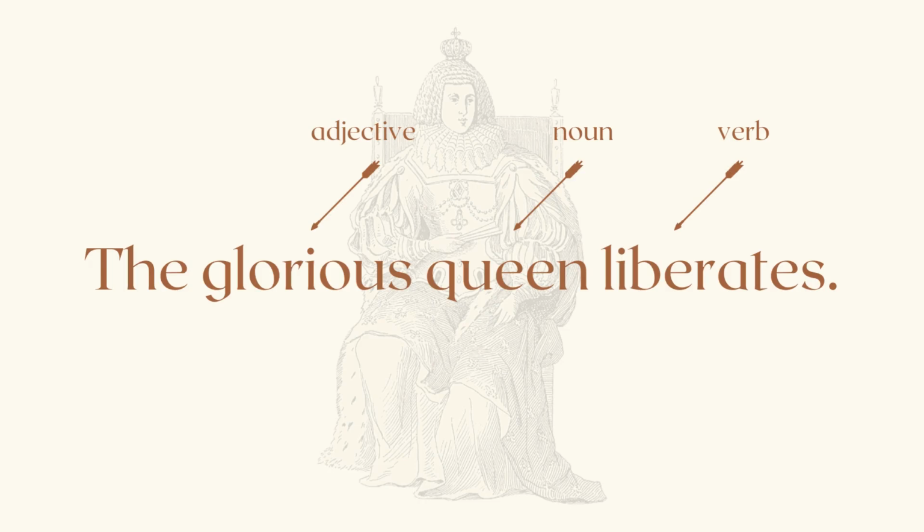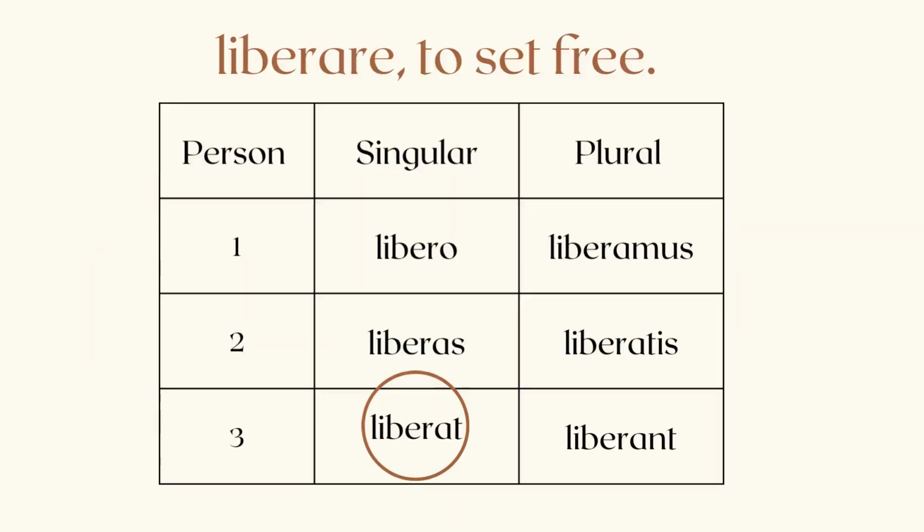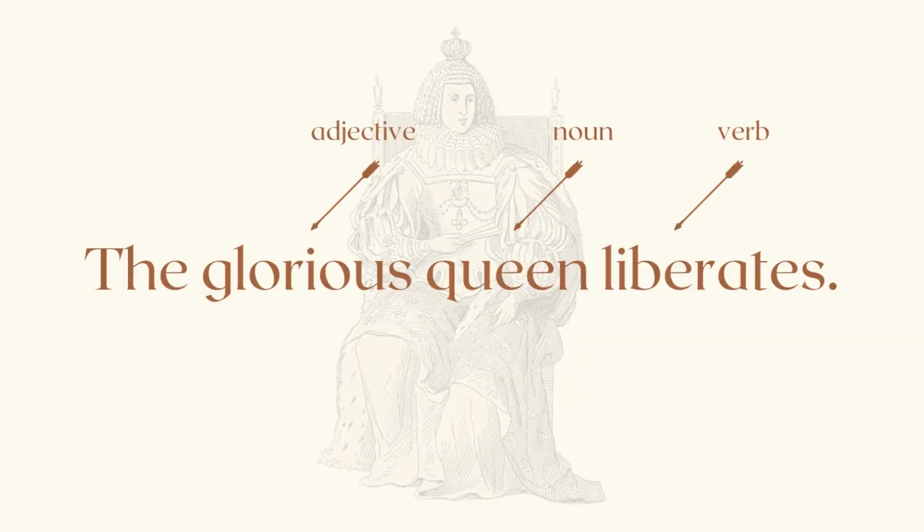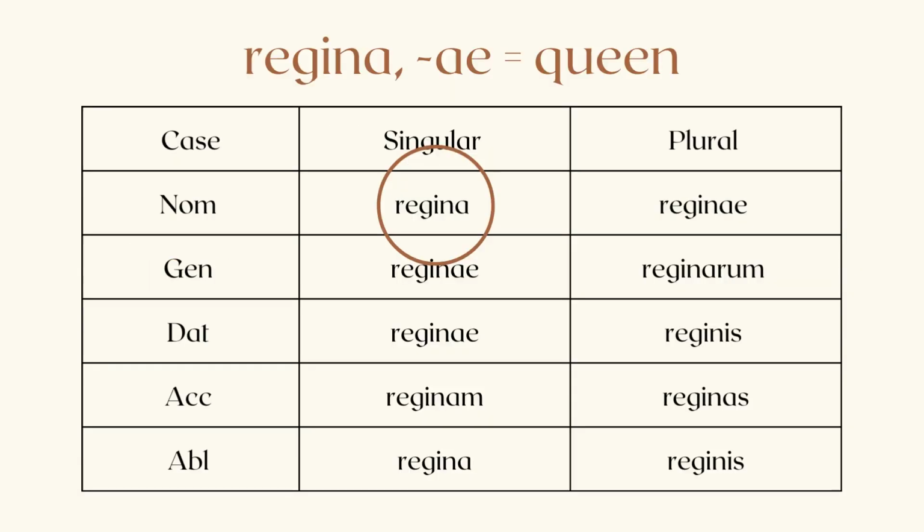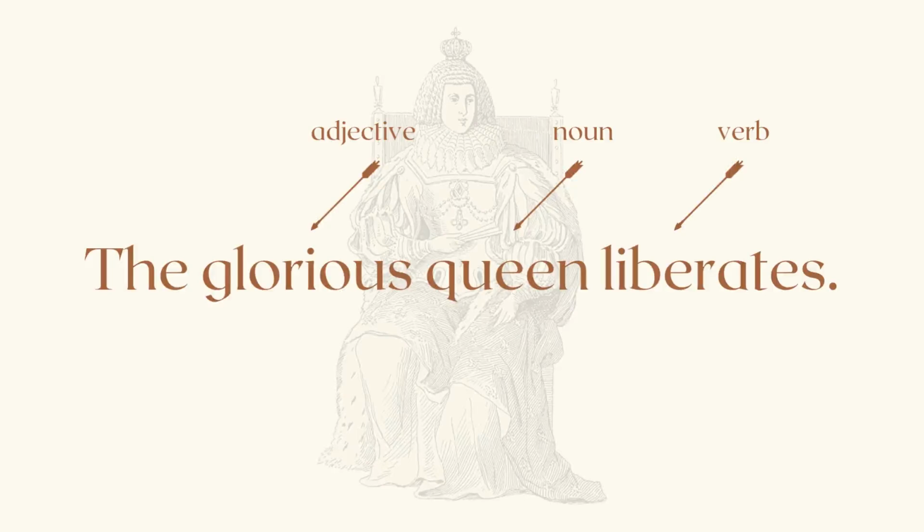Start with an English sentence. The glorious Queen liberates. Our verb is the third person singular form of liberare, to liberate, and that is liberat. Our subject noun is the nominative singular form of regina, meaning queen. Now, an adjective must agree in gender, number, and case with its noun.